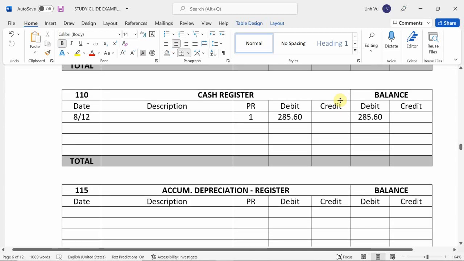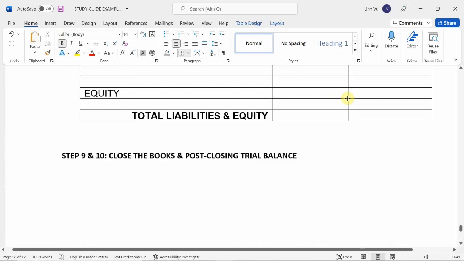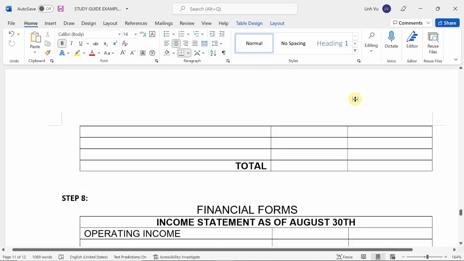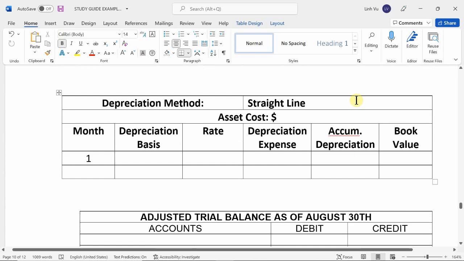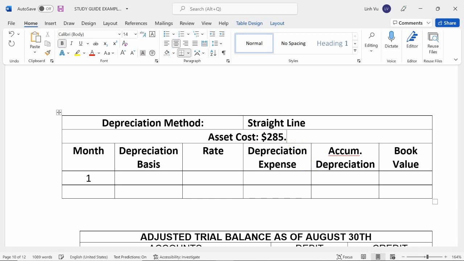The cash register cost me $285.60. So I have to depreciate 1 month, and it cost me $285.60, with a 3-year lifespan and no salvage value.